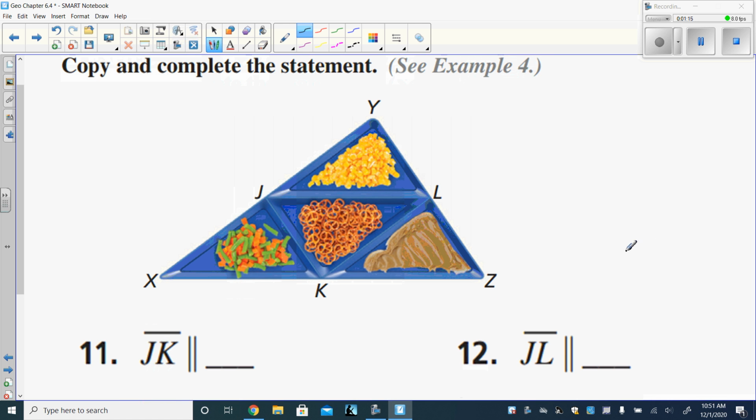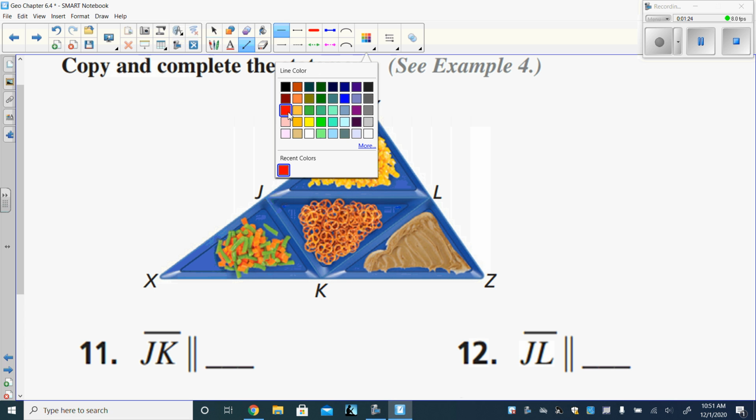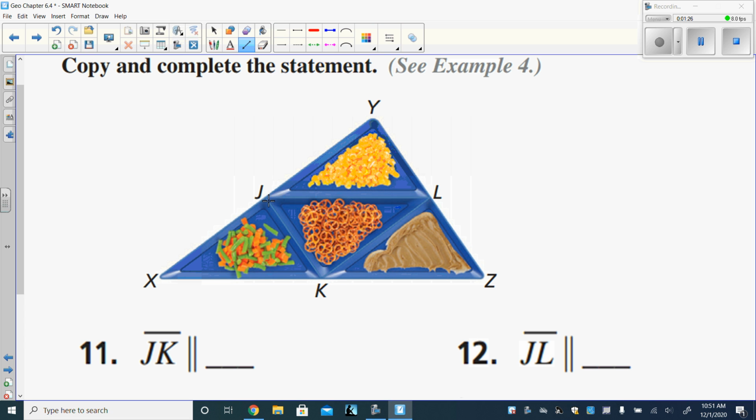So let's look at some of the mid-segments. We want to complete some of these statements. Well, JK, this line here, I'll make it red so it's a little bit easier to see. JK, this segment here, is going to be parallel to what? It's going to be parallel to the side over here.